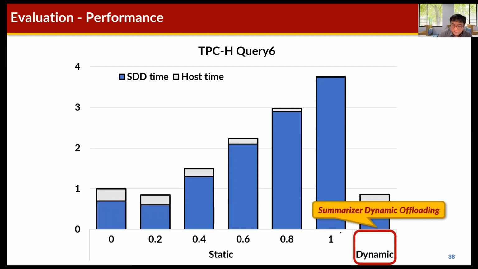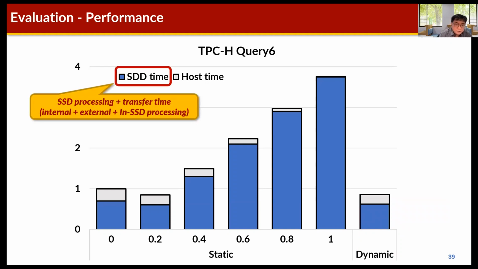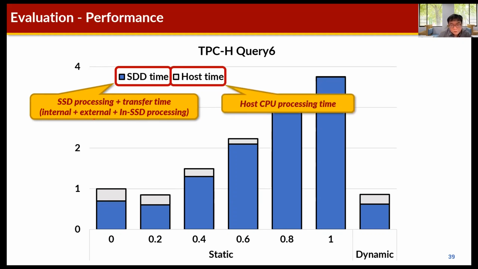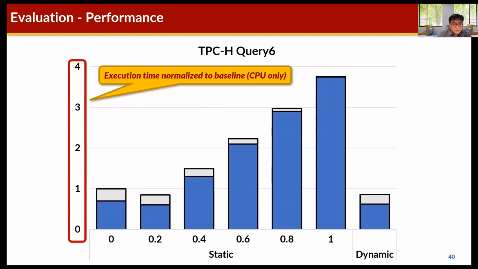And this one is the dynamic geodata processing by the summarizer. SSD time means the SSD processing time and data transfer time, that is, the internal transfer time, the external transfer time, and the in-SSD processing time. Host time means the host CPU processing time. This is the execution time normalized to the baseline.